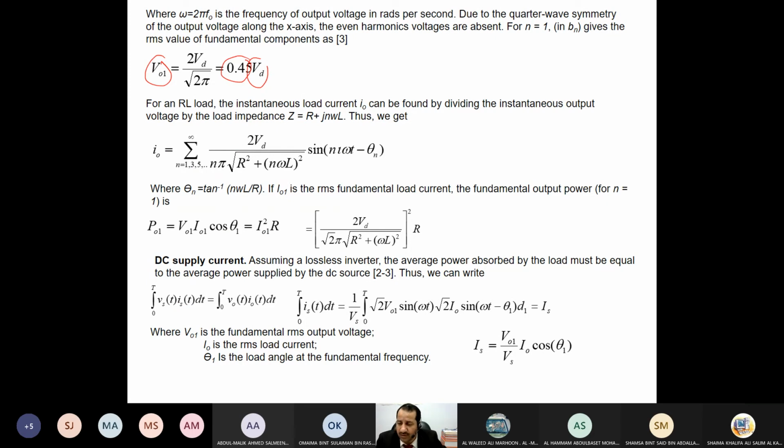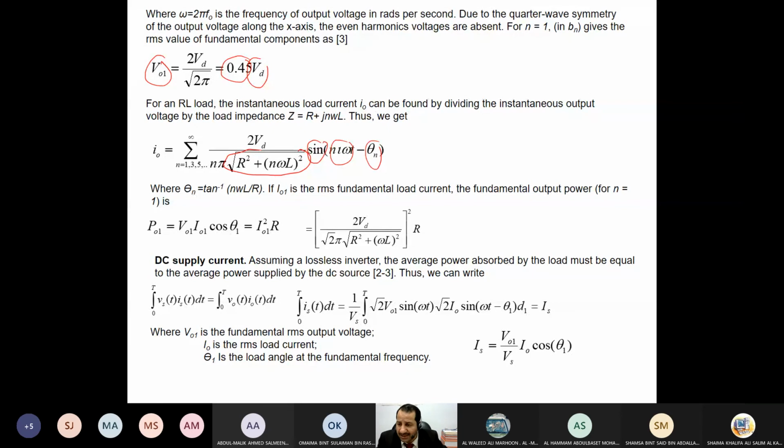It was also 0.45 of the input voltage. If I want to find the current, then I divide by Z because it's AC. That is, as you can see here, the square root of R squared plus (omega L) squared. And sine, it's supposed to be omega t minus the phase shift theta, which is tan inverse of omega L over R, as we explained before.